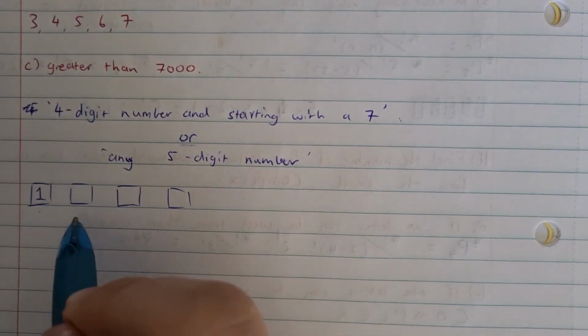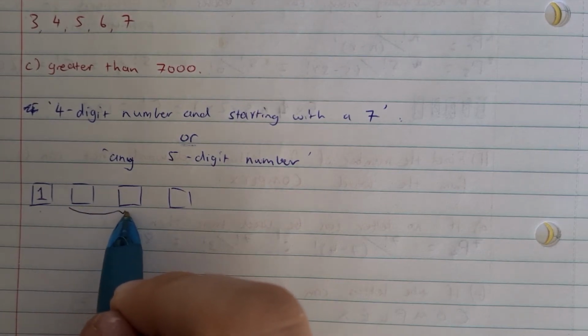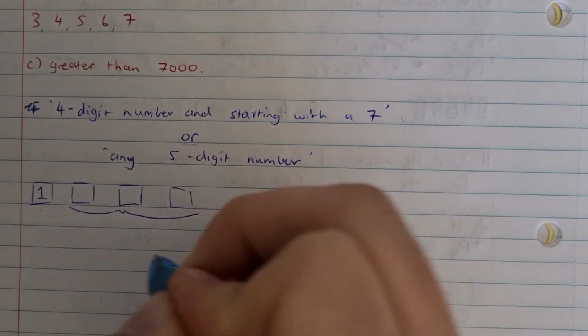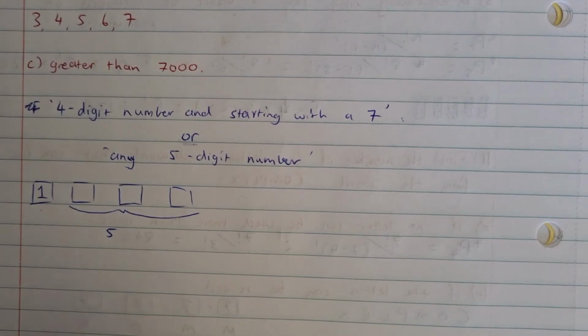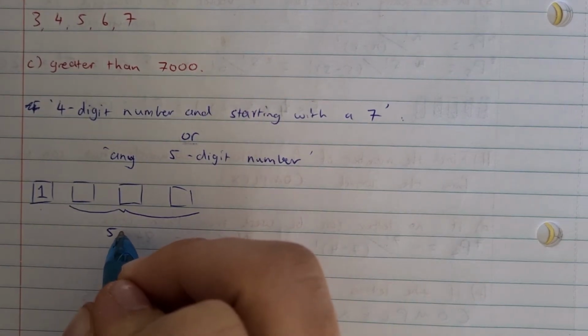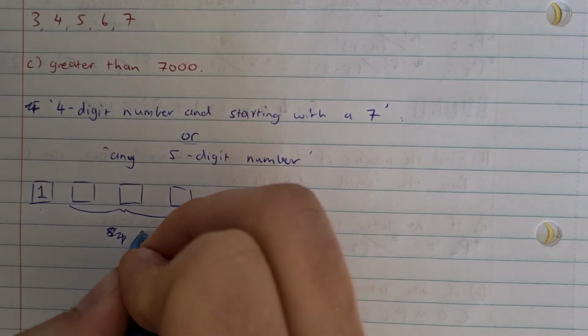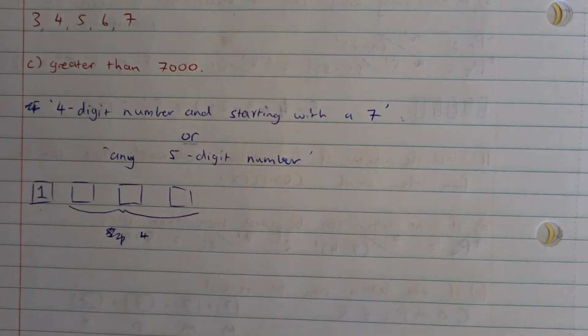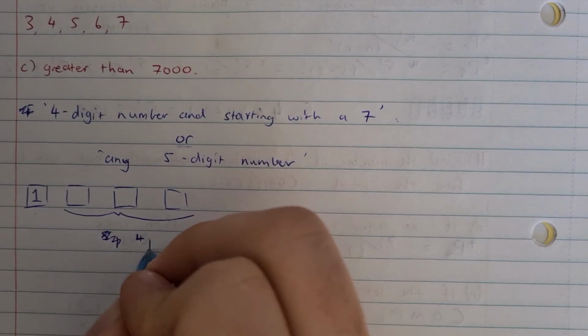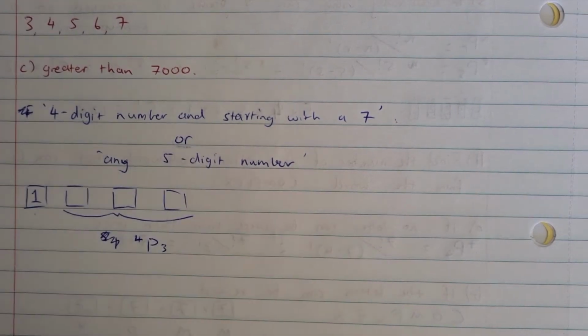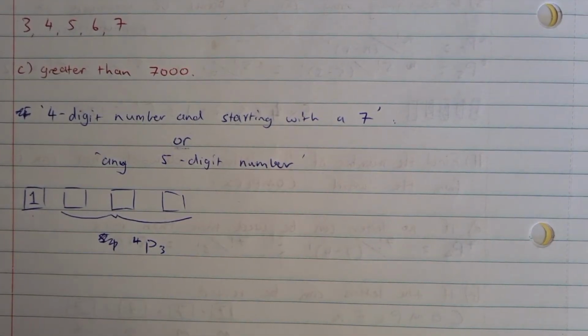So we've got one option for the first number. And then for our final 3 numbers, we have, sorry, because we've already chosen one, we have 4 digits to choose from, and we're choosing 3 of them.